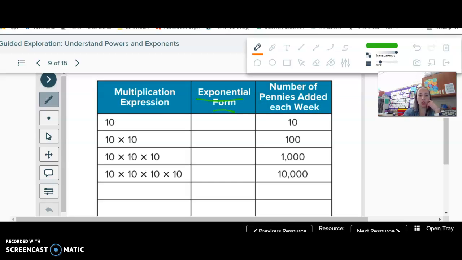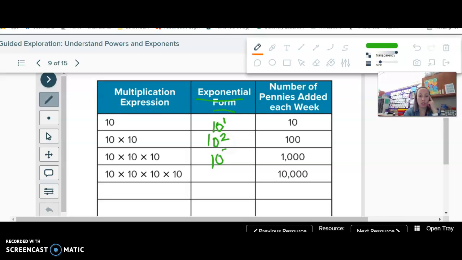But then we can think, okay, well, this is just 10 to the first because it's just one 10. This one is two 10s being multiplied together. So it's 10 to the power of 2 is how I would say that, or 10 to the second power.